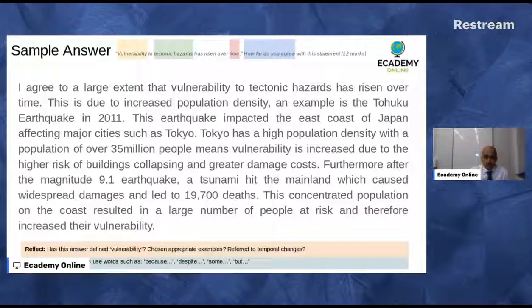Perhaps not long enough for a 12 marker potentially. That aside, are there any particular points that you think are good, or break it down like I did for the previous question? Think about the first sentence. Has it hit the nail on the head? Has it established what the rest of the answer is going to talk about? Has it then built on that and elaborated on it in the following sentences?